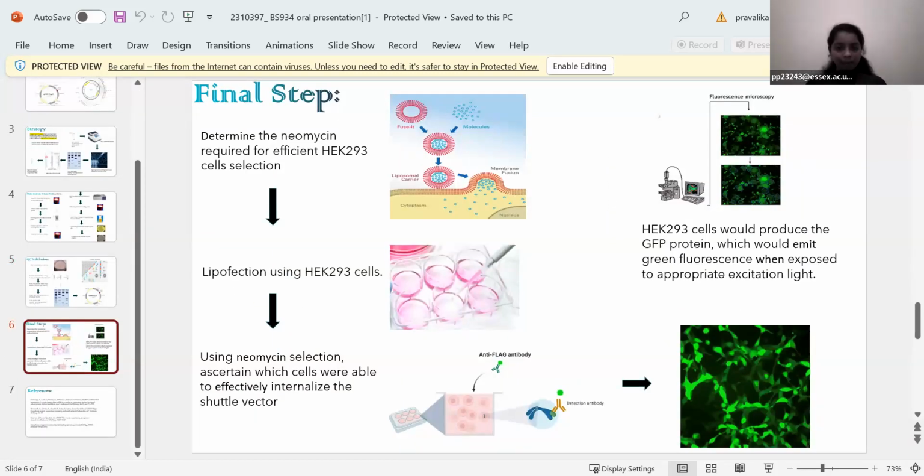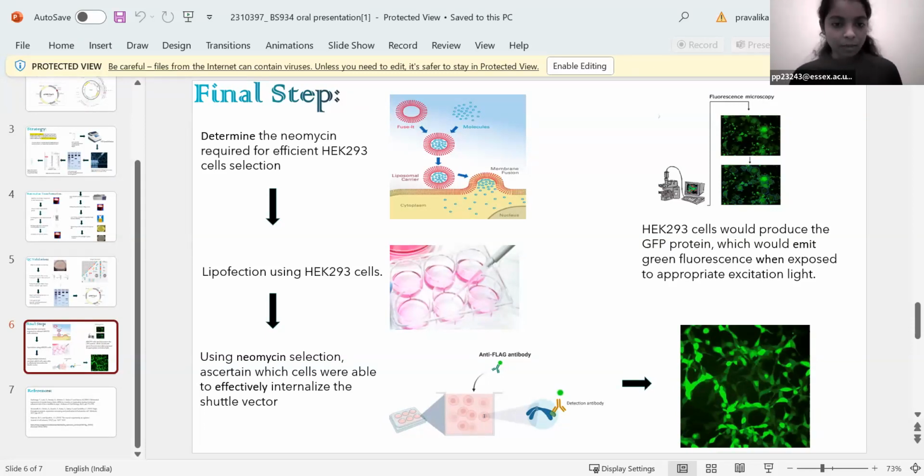And in the final step, we are going to determine the cells of the vector, and we can determine it by the neomycin required for the HEK293 cell selection, and it is done by lipofection using HEK293 cells.